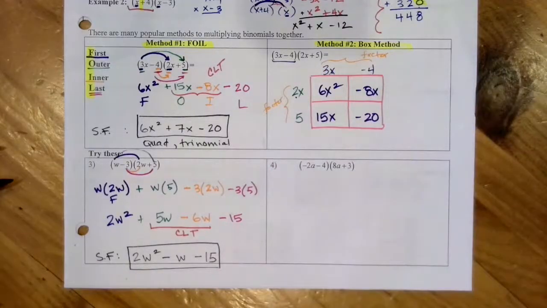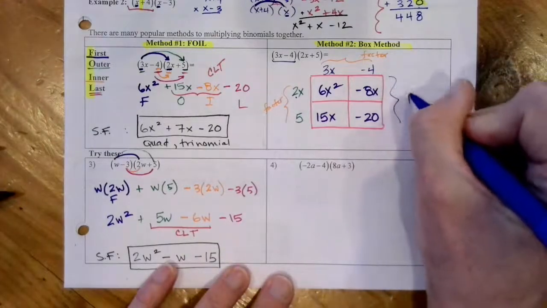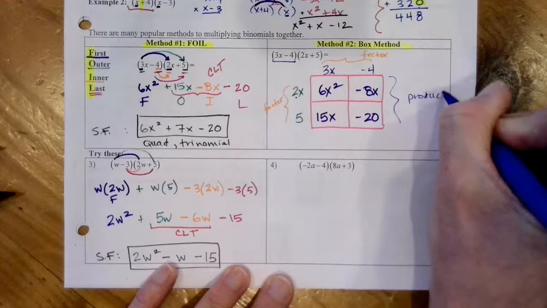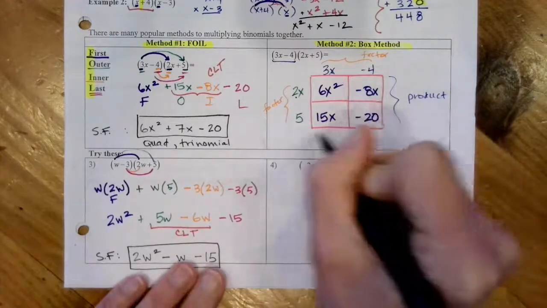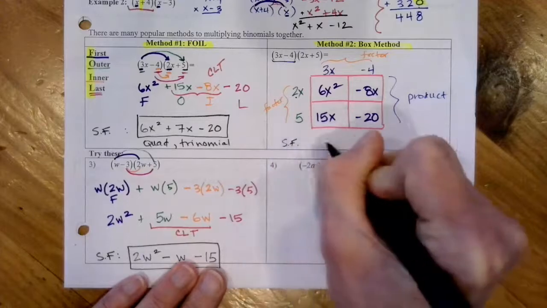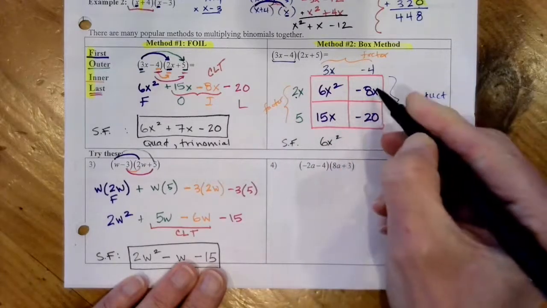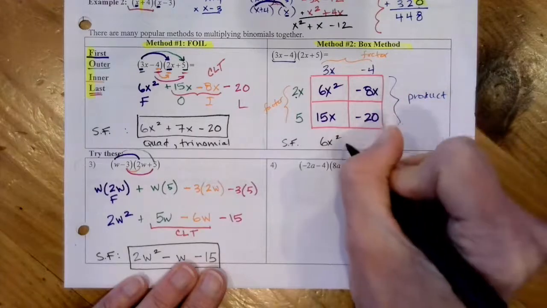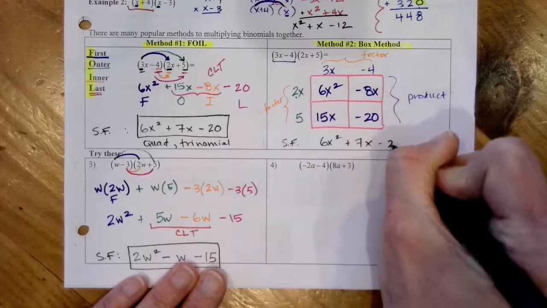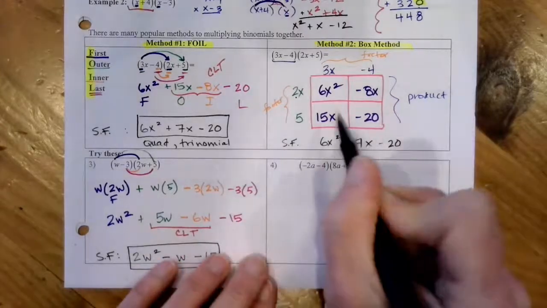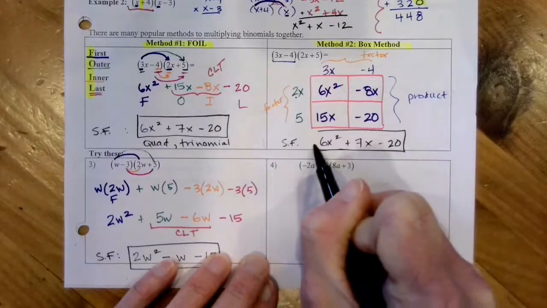And then this end result here is what we call the product, inside of the boxes. We can list those terms in standard form: 6x squared, positive 15, negative 8 are going to make positive 7x, and negative 20. Notice our quadratic trinomial answer is the same.